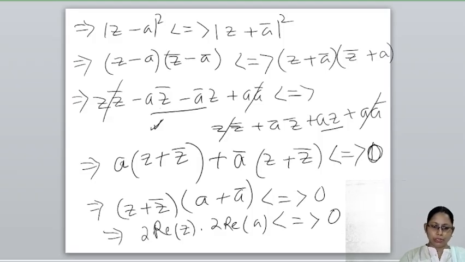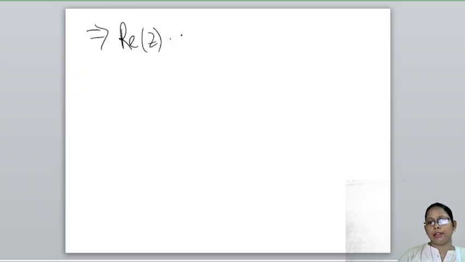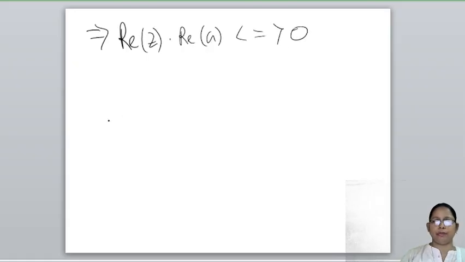In the next step, 2 is a non-zero constant, so it cancels out. We are left with Re(z) Re(a) less than, equal to, greater than 0.